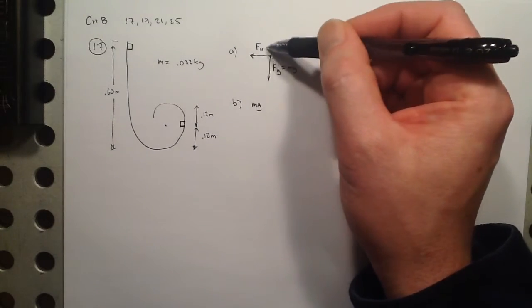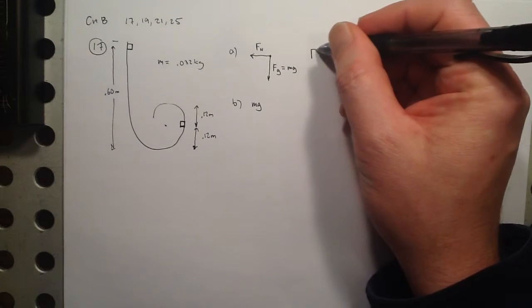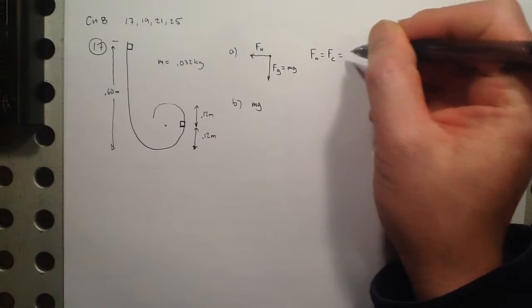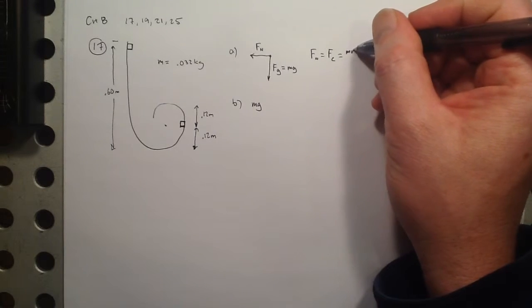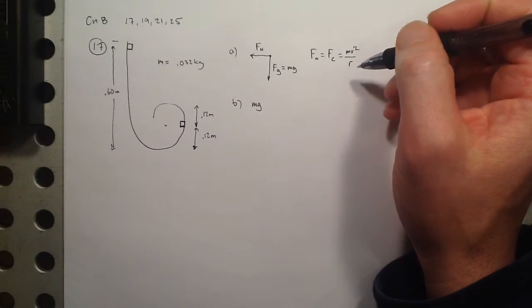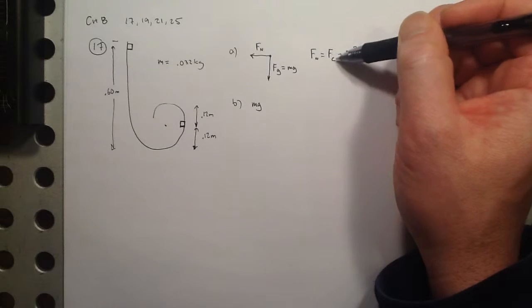That unbalanced force toward the center of the circle is coming from the normal force. So the normal force is equal to the centripetal force. Or maybe it would be more instructive to say that the normal force is providing the centripetal force, right?